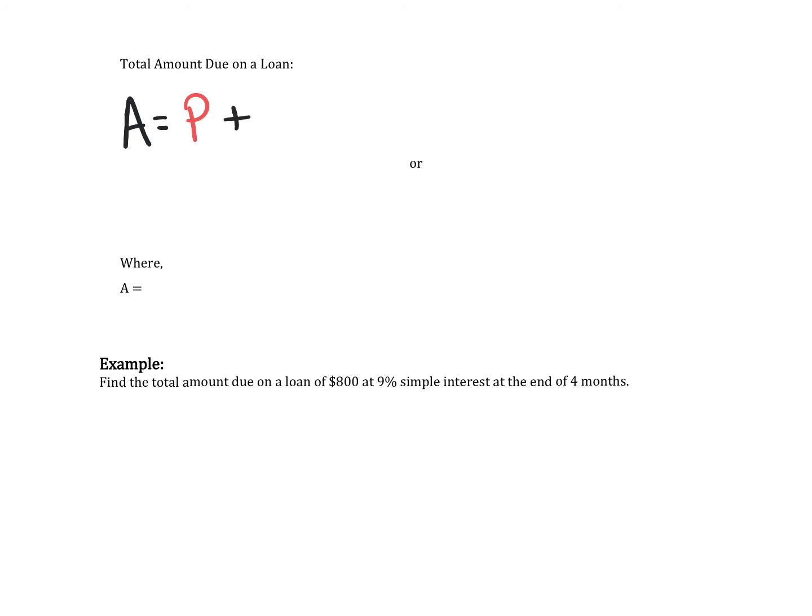So we're calling that I. So P plus I is equal to this, or a simpler way of writing this is A is equal to P times 1 plus R times T.